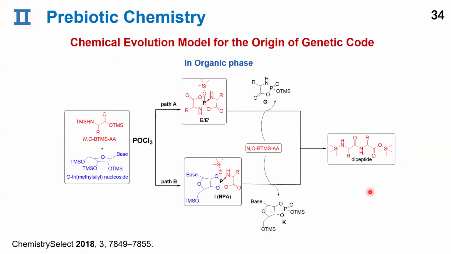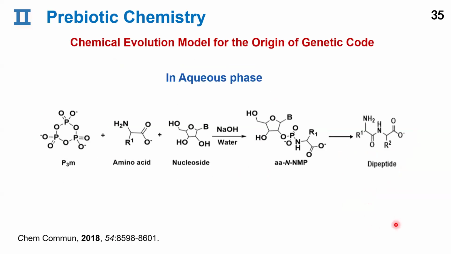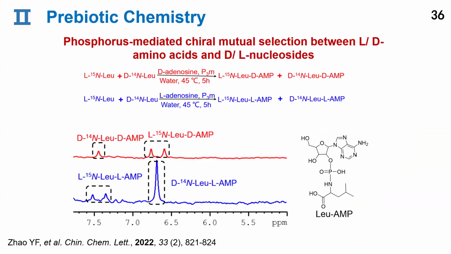Based on this, our team proposed to establish the chemical recognition of early amino acids and nucleosides in order to explore the origin of the genetic code, and tentatively propose chemical models for the origin of the genetic code in both the organic phase and the aqueous phase environments. Further, it has been observed at the molecular level that amino acids and nucleosides have inherent chiral selectivity in the process of forming aminoacyl nucleotides.